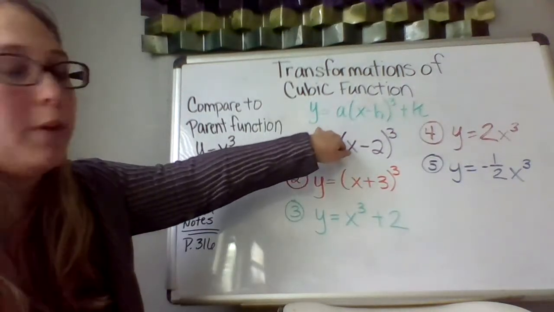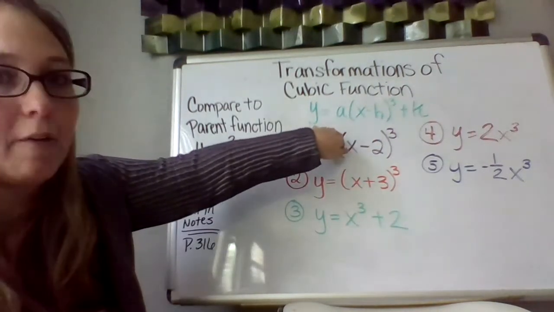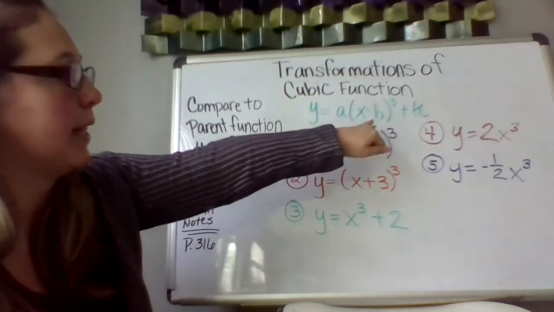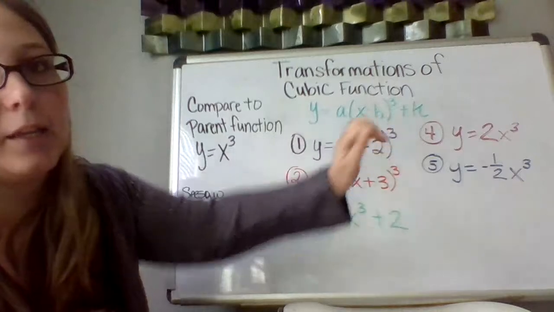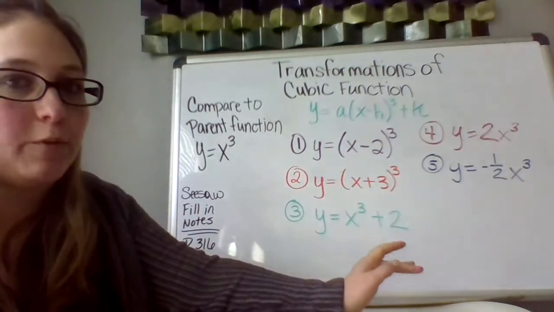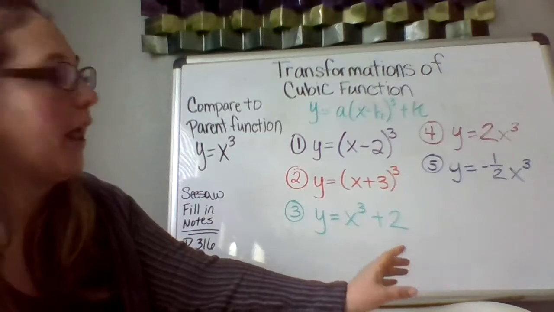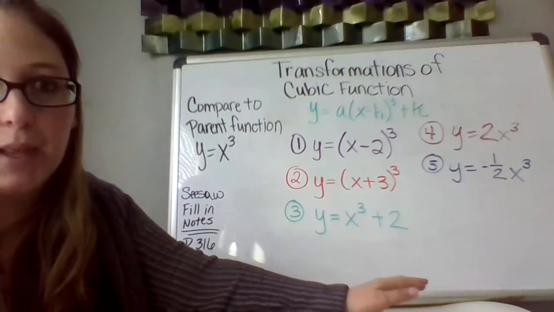If we go based off of this up here, we have y equals a times (x minus h) cubed plus k. This is very familiar. We've done this before. The h and the k are the vertex, and the a is something being multiplied.